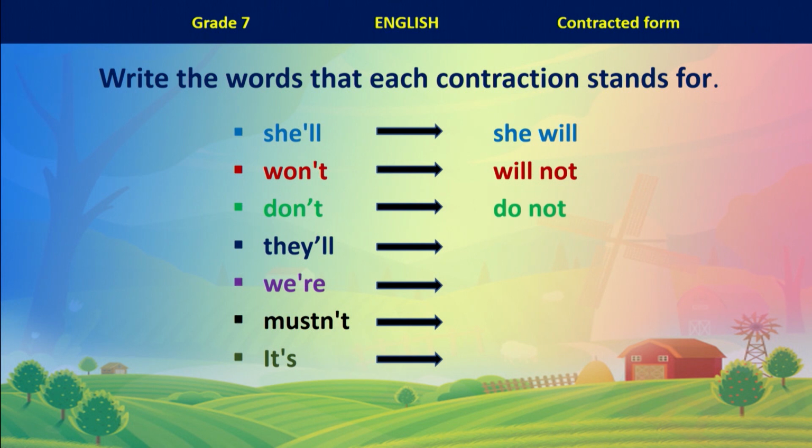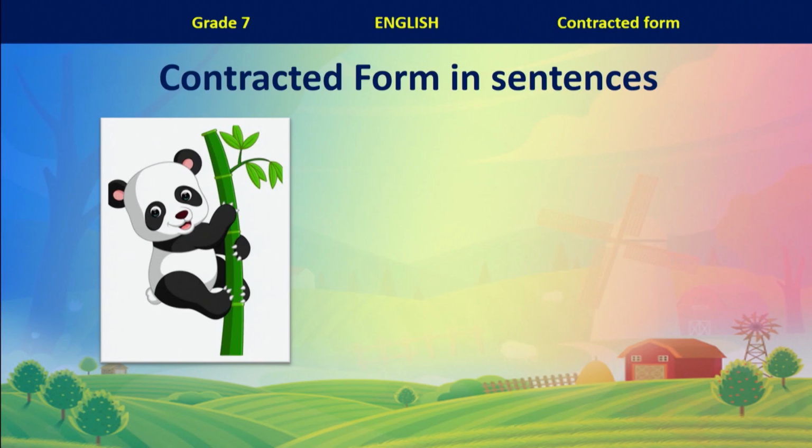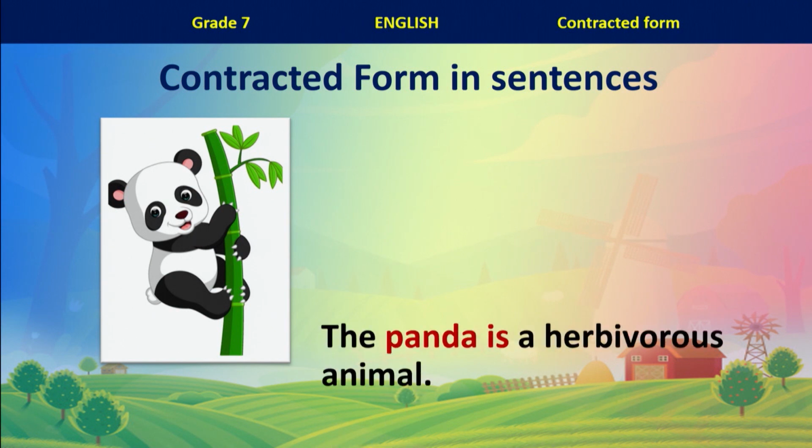Well, when you contract do not together, it becomes don't. They'll, that is they will. We're. When you contract we are together, it becomes we're. Mustn't, that is must not. It's, it is.